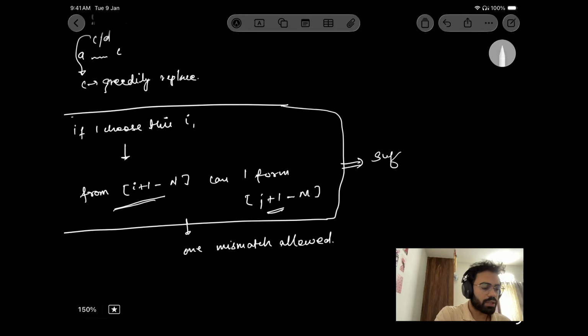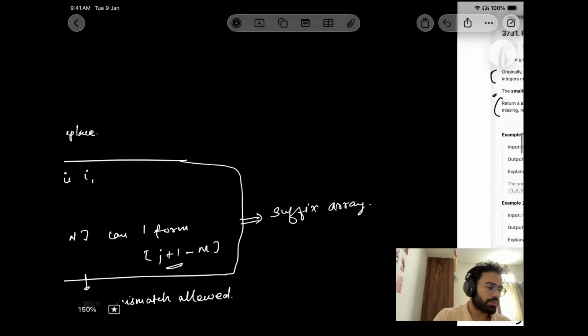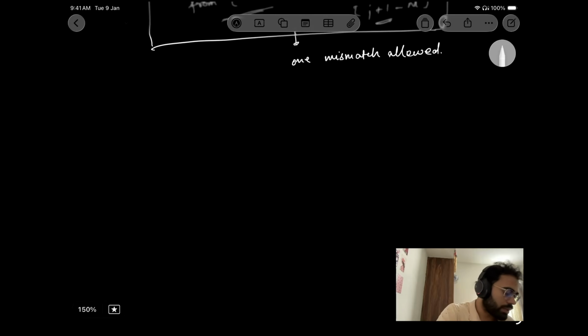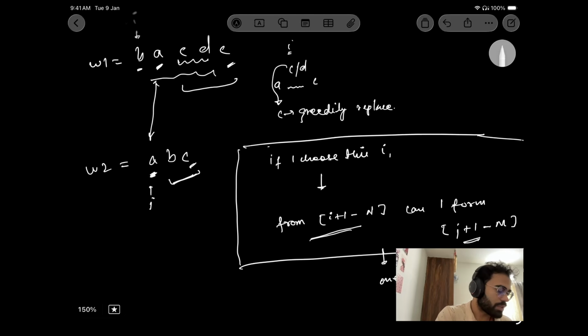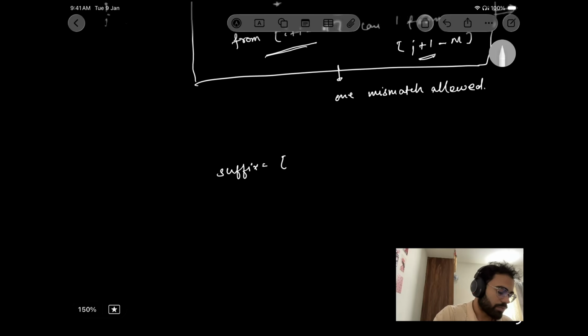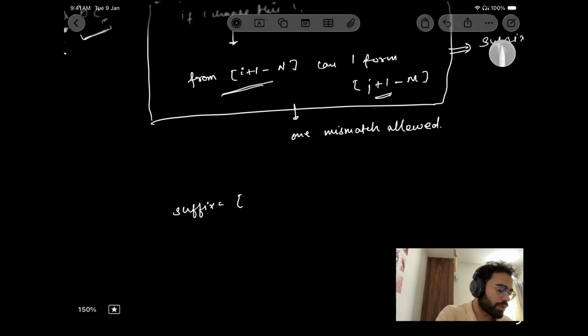So we prepare a suffix array. Let's say we prepare a suffix array of the above. What will the suffix array be? The suffix array will be prepared for word 2, because in word 2 we have to tell, can I form this one, J plus 1 to m. So we have to form it for word 1.